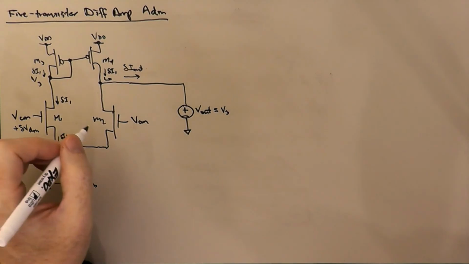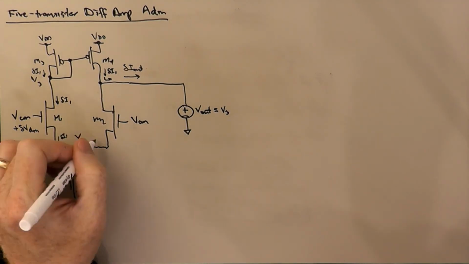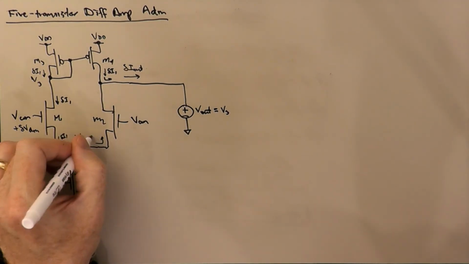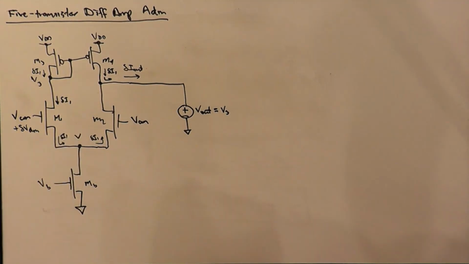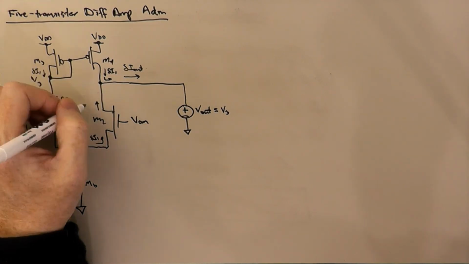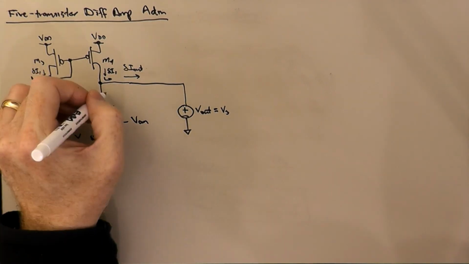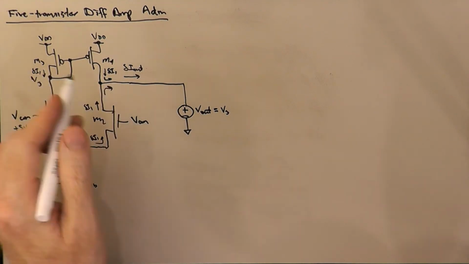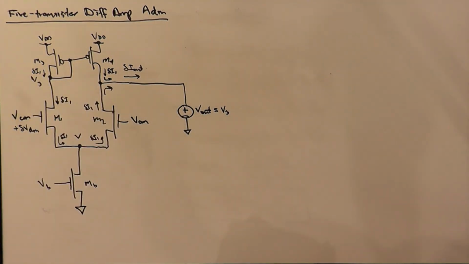And so we're just going to ignore the early effect on MB. And all of the delta I1 is going to go up into the source of M2, and it's going to flow out of the drain. And just like the delta I1 coming from M4, it's going to have to come out as output current.